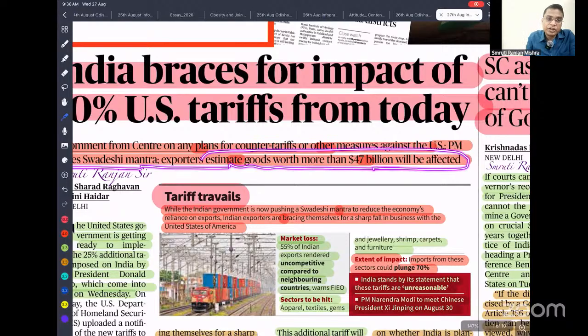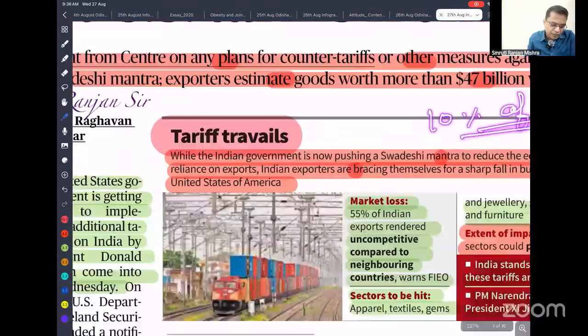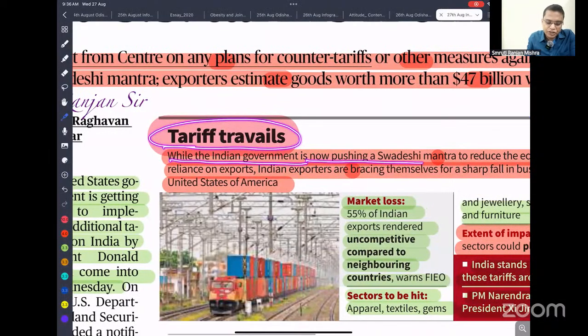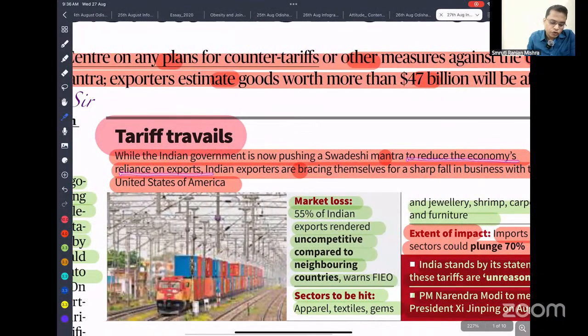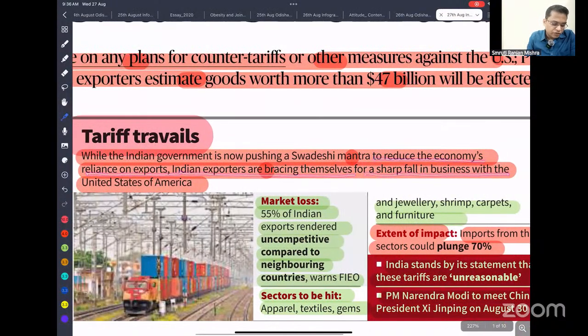Just imagine, 47 billion worth of goods is affected. The Indian government wants to reduce the economic dependence on exports. India's exporters are bracing themselves for a sharp fall in business with the United States of America.